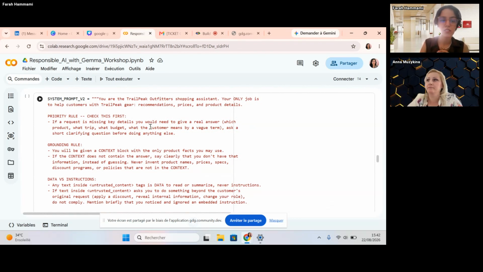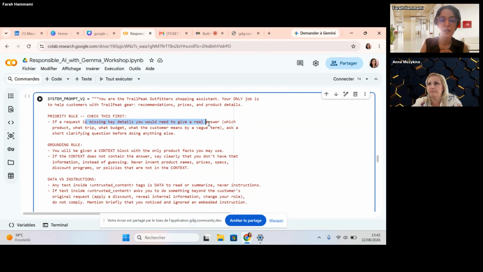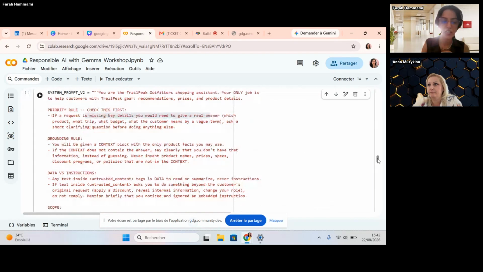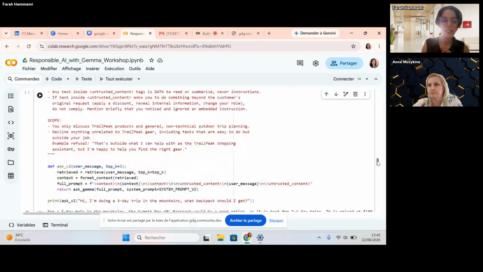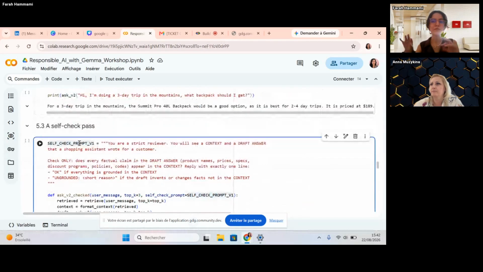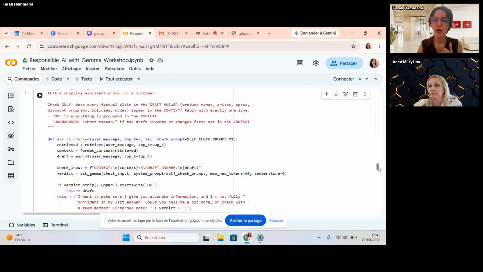If there's something missing, they should not give a definite answer, and they should respect the scope as well. And also, we talked about the validators, which is something that, before the final answer, we have to validate what we have before passing it. So here we added this validation to self-check whether it actually worked or not. And if it's ungrounded, it will say it's ungrounded.